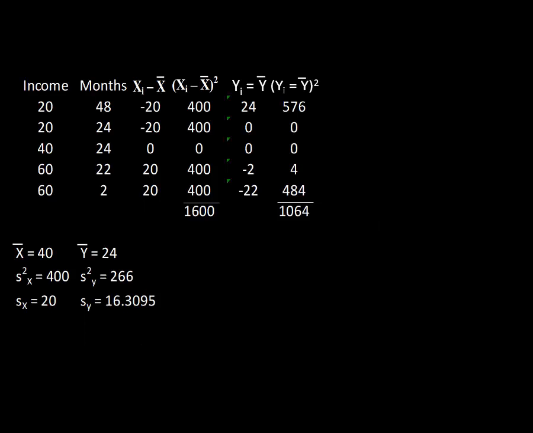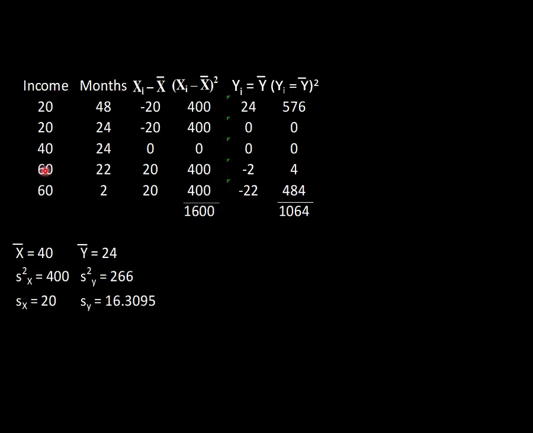So what we're working toward, what our goal is here, is to have a single number to tell us to what extent there is a relationship. To what extent does months of car ownership go down with increasing income? But we have a problem, a big problem right out of the gate.